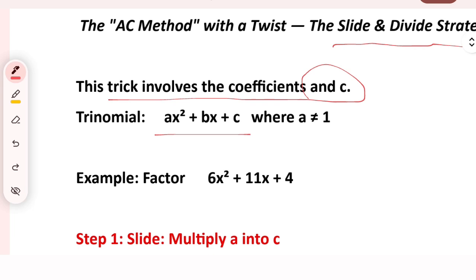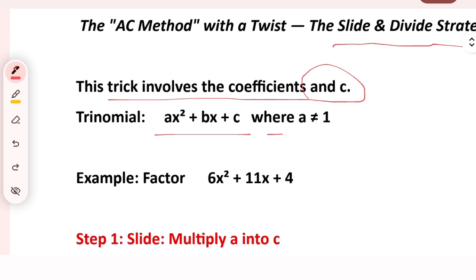B, of course, is the coefficient of the middle term, which is x. Again, we will be using a and c.